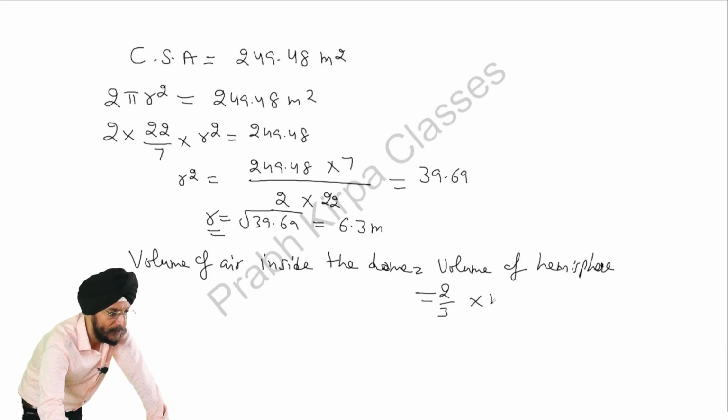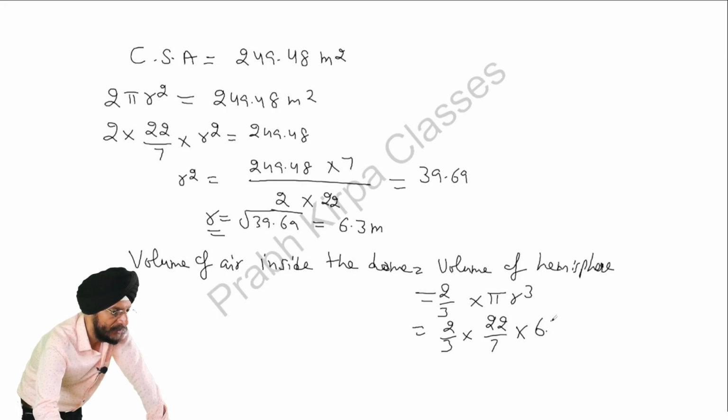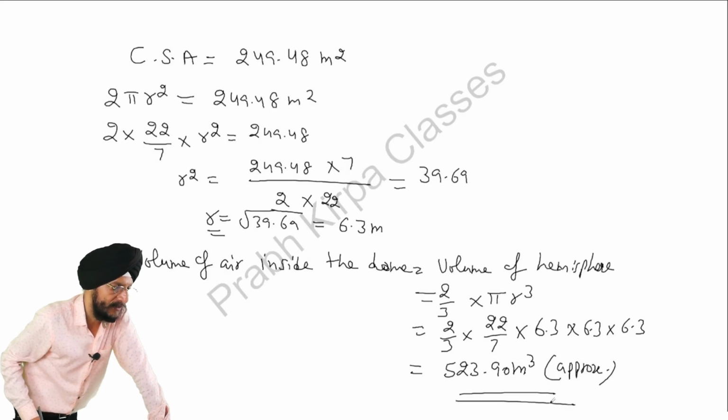It is 2 over 3 pi r cube. 2 over 3, pi stands for 22 over 7. Now what is the value of r? It is 6.3. We will use this for 3 times. So now it will come as 523.90 cubic meter approximately. This is the answer, volume of the air inside the dome.